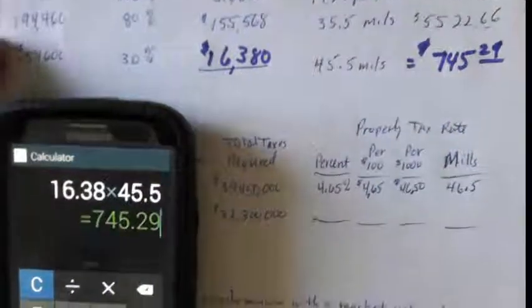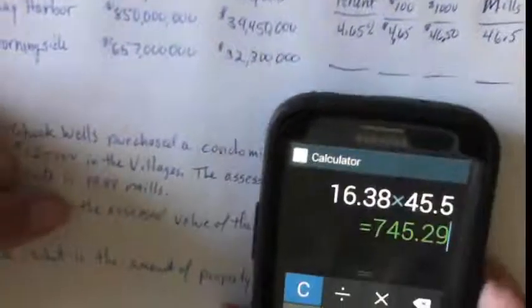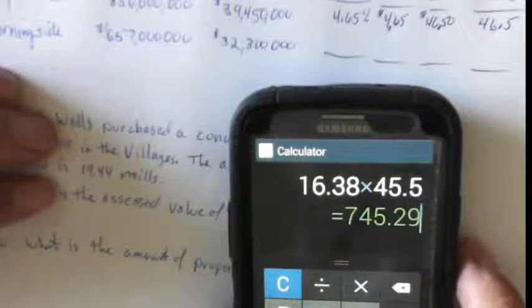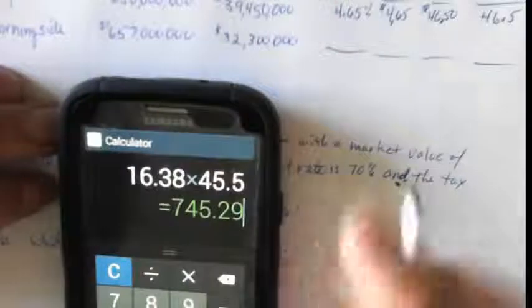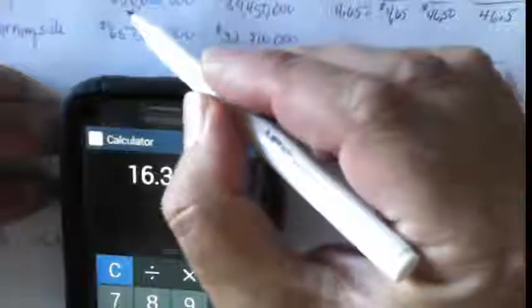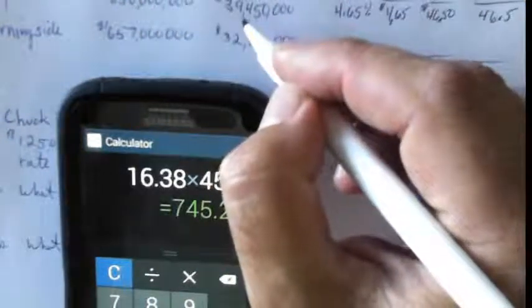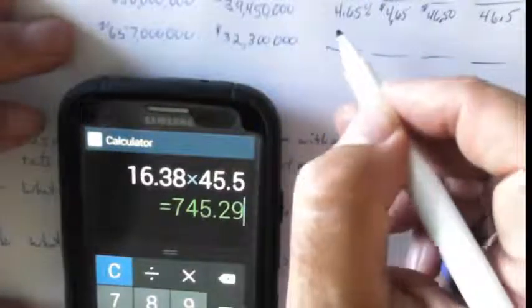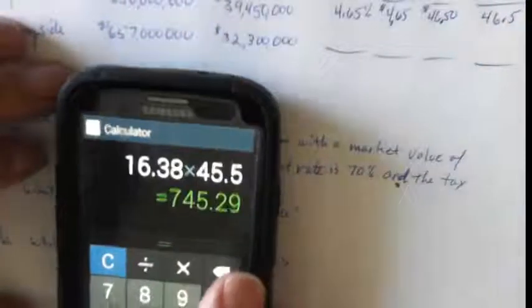Okay, so let's drop down here to where they're determining how much they're going to need. So in your example for the middle section there, number 13, they have Bay Harbor. The total assessed property valuation is $850 million. They need taxes of $39,450,000. So whenever you're determining a percent, which is what they're asking for, it's part divided by the whole.